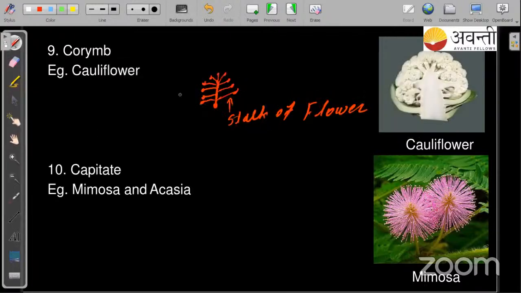Then what is meant by convex structure? Like that. That is the convex structure.